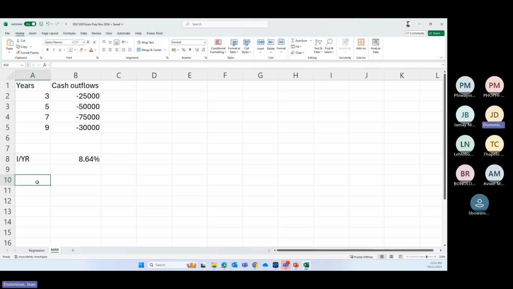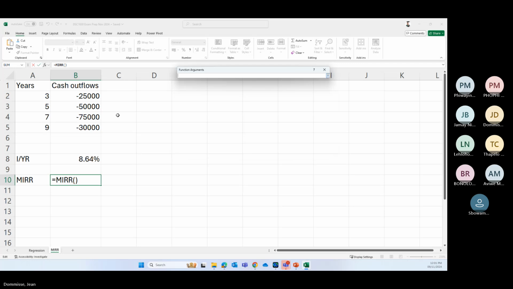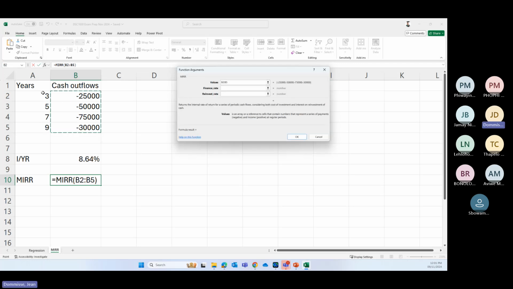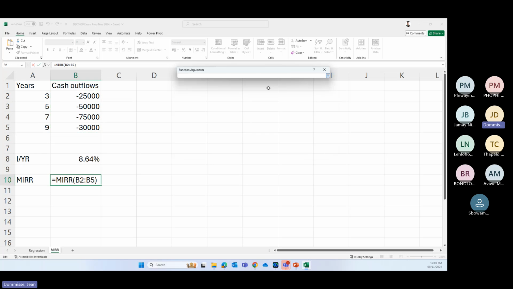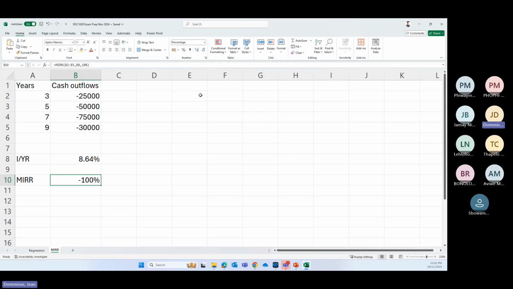So I think what this is going to do, it's not going to do it correctly. And I will tell you guys now, because it doesn't see that. So I'm just going to say 10% for now.